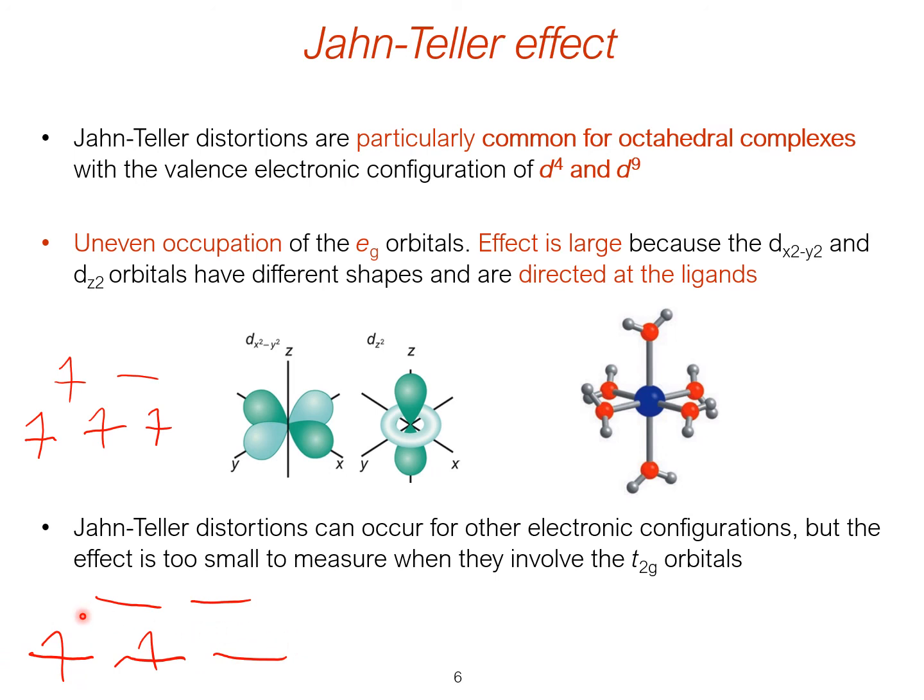But these t2g orbitals don't have a ligand pointed directly at them. So therefore the distortions are too small to measure, and they get neglected. So that's why d4 and d9 octahedral complexes are the ones you really need to know for the Jahn-Teller distortion, because they'll have this elongated z component.